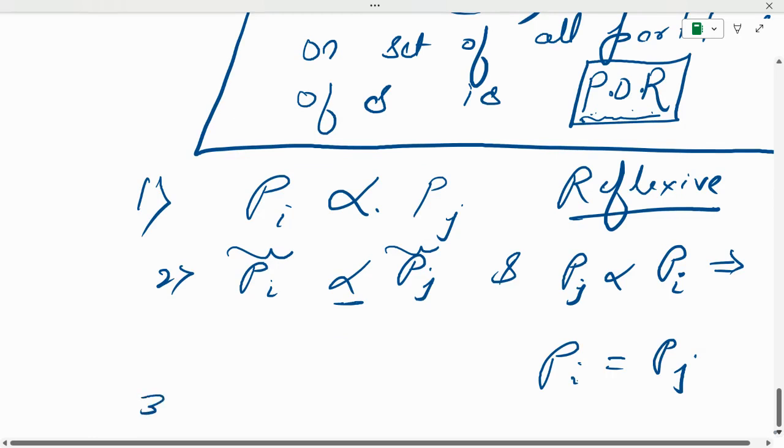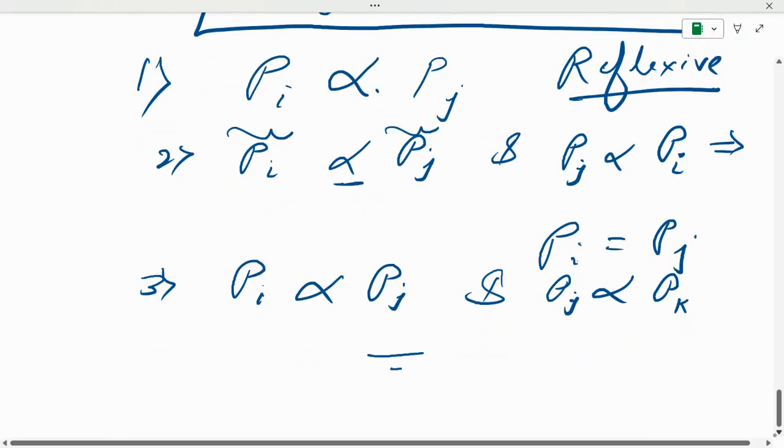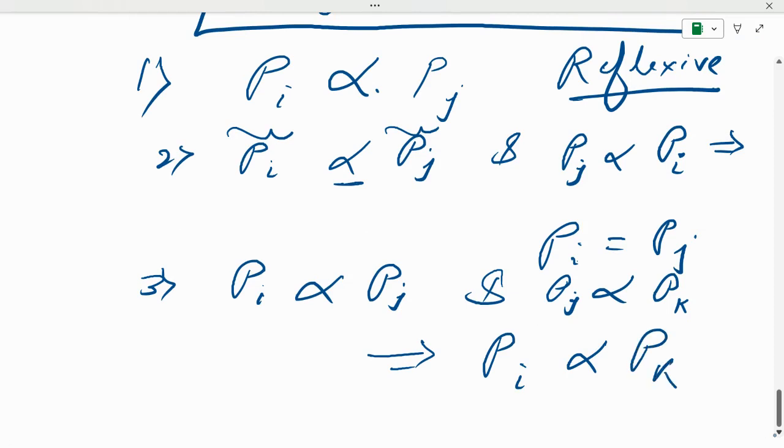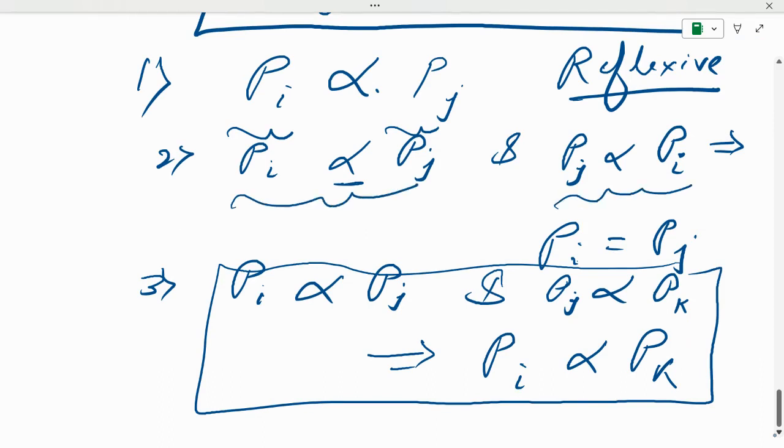And third, if Pi refines Pj and Pj refines Pk, then it implies that Pi refines Pk. This is called transitivity.